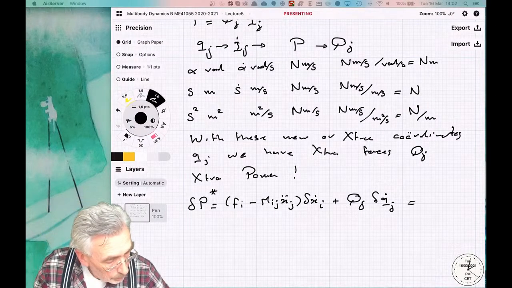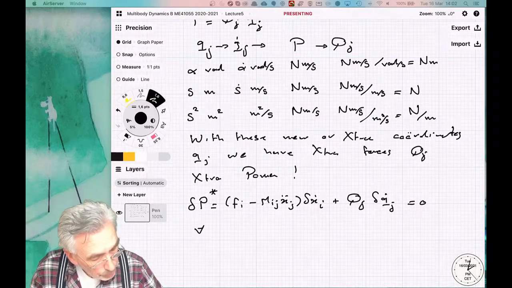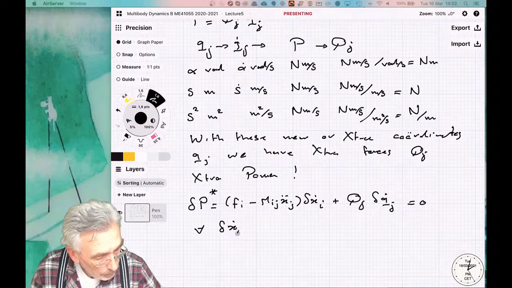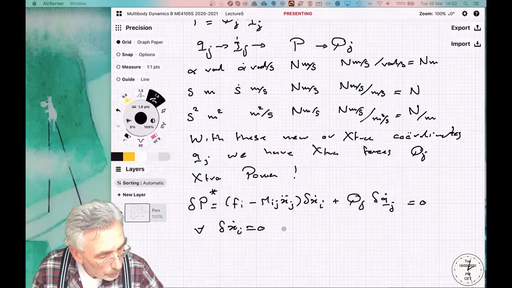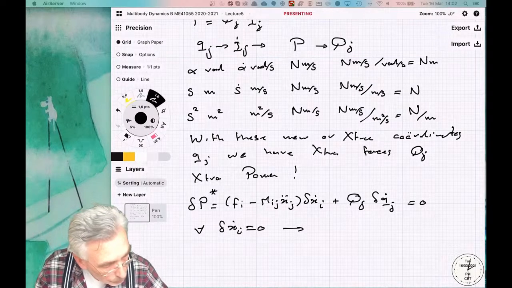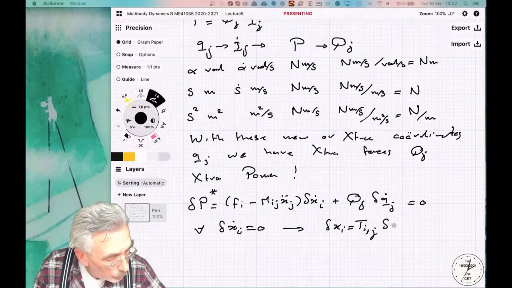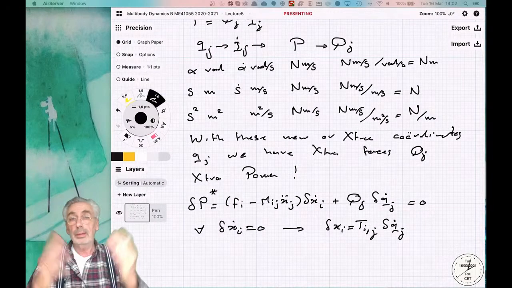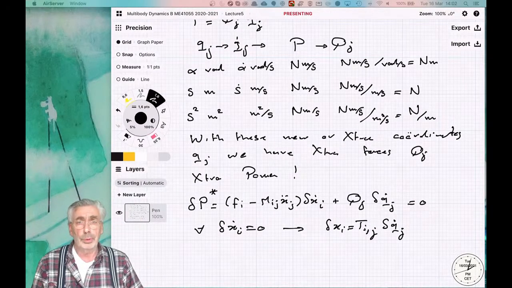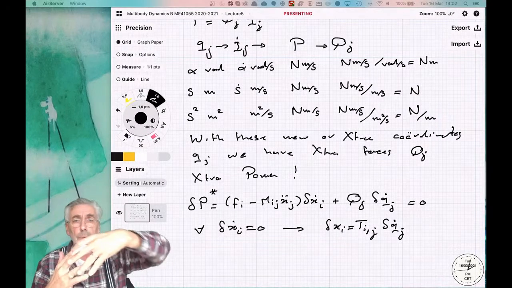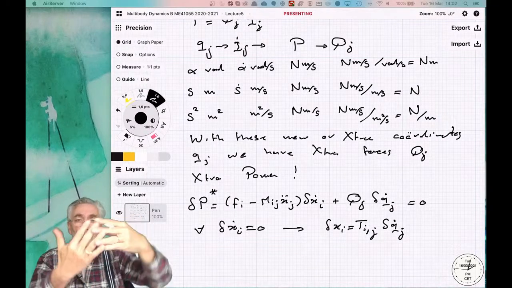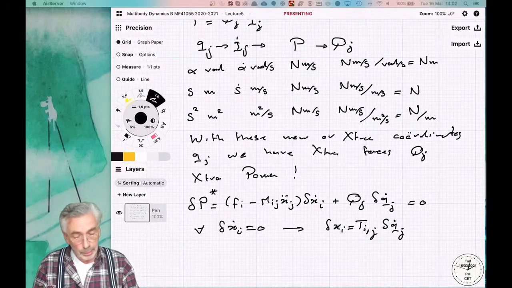And again, this is 0 for all virtual velocities. And you could also say, well, actually, for all these velocities which fulfill this transformation, because if all virtual velocities are according to this transformation, then everything is fine and all the constraints are fulfilled and the whole system stays together. It's like the glue, and it doesn't go apart.